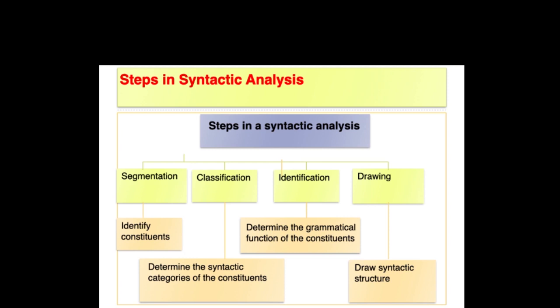Now, how do we do syntactic analysis? What kind of procedure do we follow? Usually, before you do a syntactic analysis, and we are going to practice how to draw trees, you need to do what we call segmentation, which means identifying the constituents.